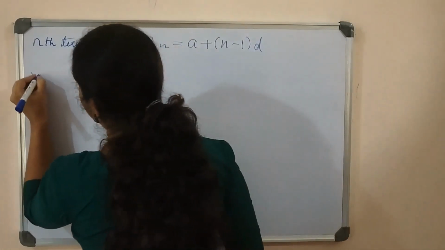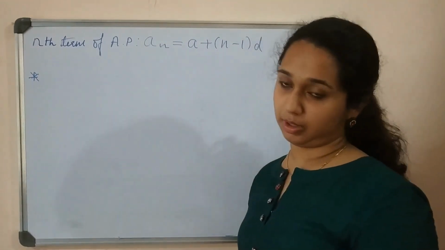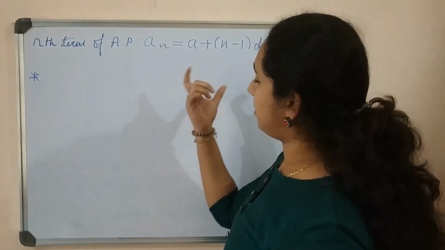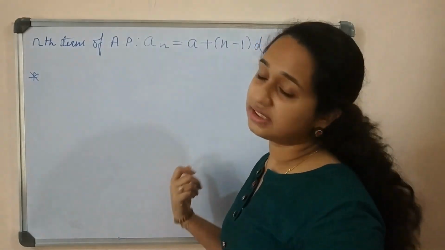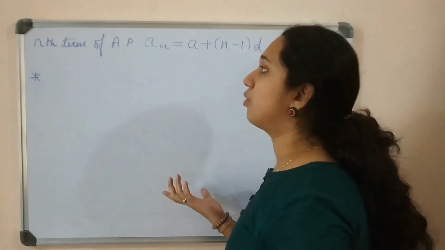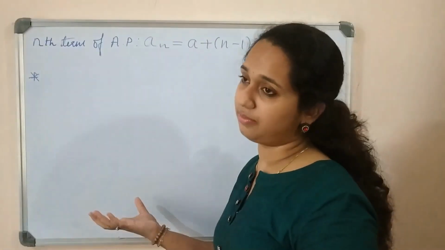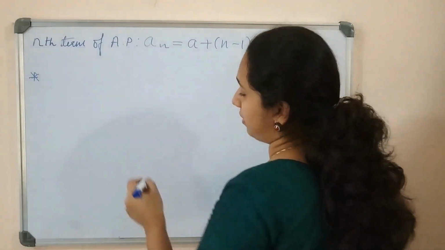So now we'll take one simple straightforward problem in which we have the common difference and the first term, and they've told us to find, let's say, the 15th term. We'll see how to do that problem.